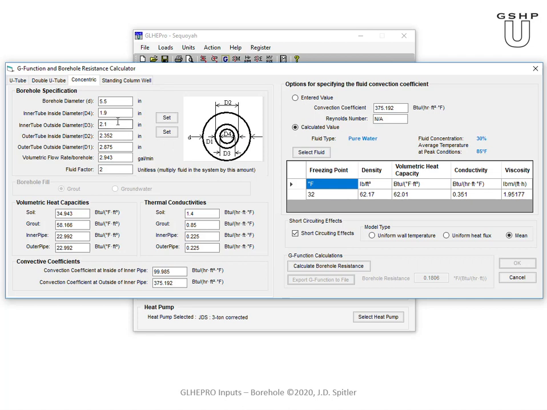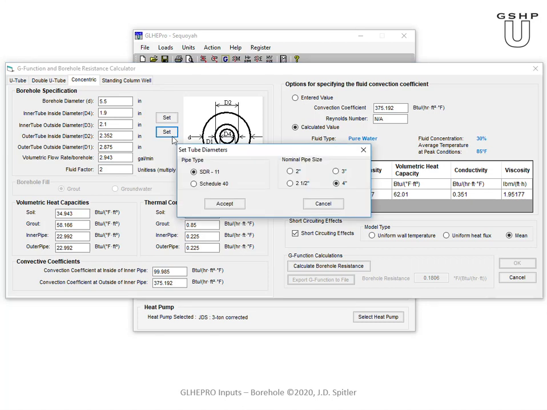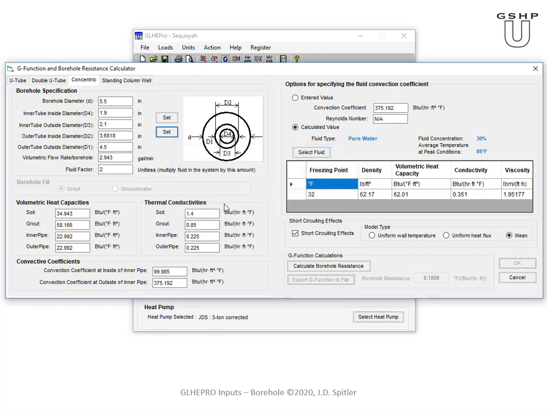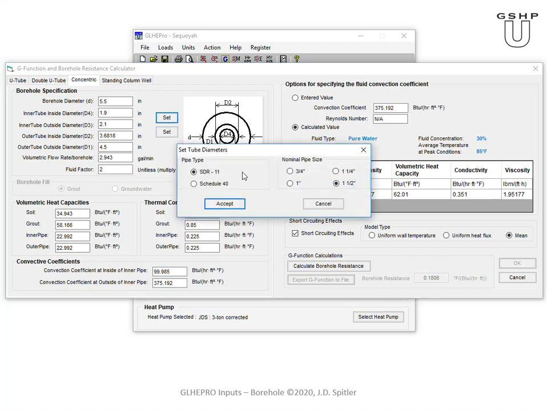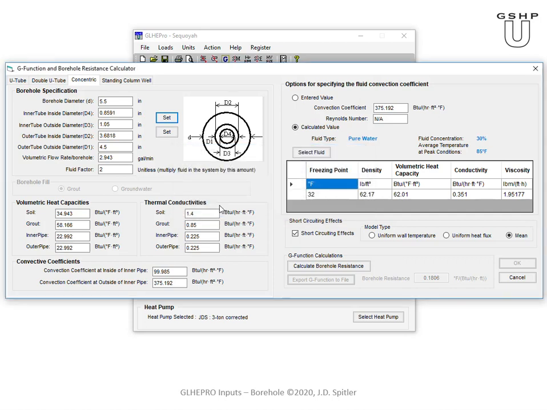These diameters are all related to the outer pipe and the inner pipe inside and outside diameters. So, for example, we can set the outer pipe diameter. We can choose 4 inches. I think this is not going to be a good idea. You'll see in a minute why. Let's just choose 1 inch pipe inside. Well, let's leave it 3/4 inch.